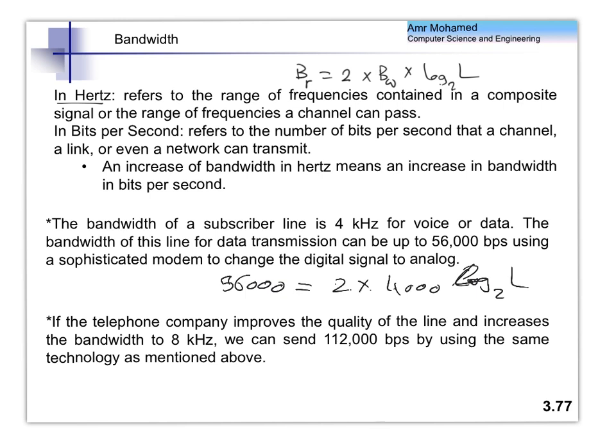So using a technology that allows us to have each 7 bits represented by 1 voltage level, and we have 128 voltage levels, in that case, we can achieve 56 kilobits per second in a channel that has a bandwidth in hertz that's 4 kilohertz. Okay? And that's not accounting for any kind of noise or any other impairments.